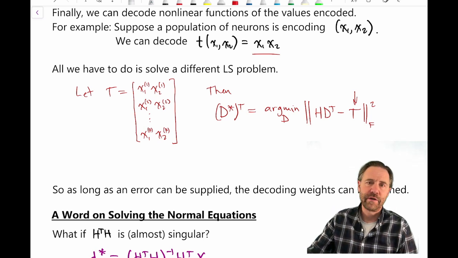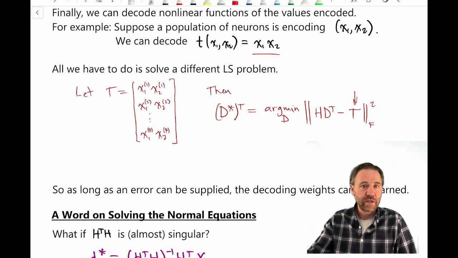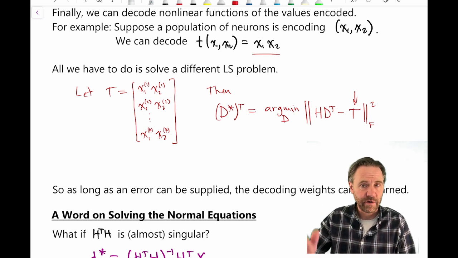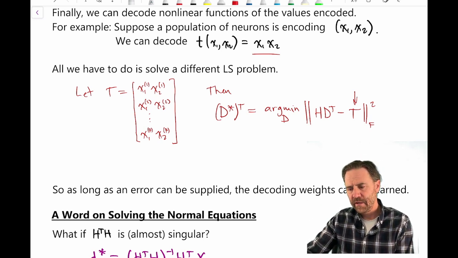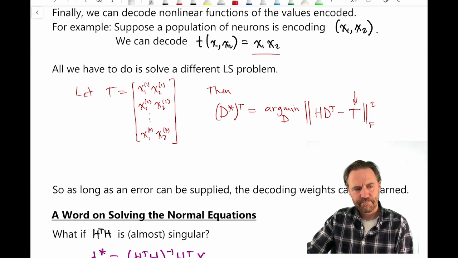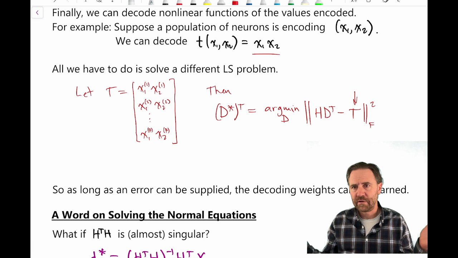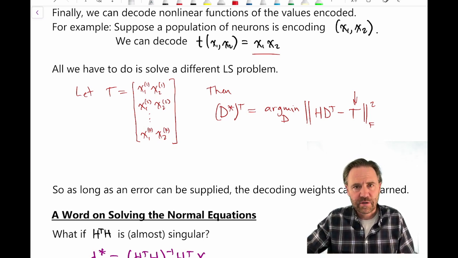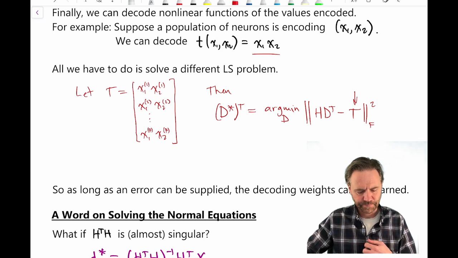Instead of saying we want to decode the value that we encoded, it doesn't matter what we put there. We could put anything there and say, please decode that for us. As long as it's consistent and not asking for similar inputs to output drastically different values, then we should be able to find a decent least squared set of decoding weights for that.